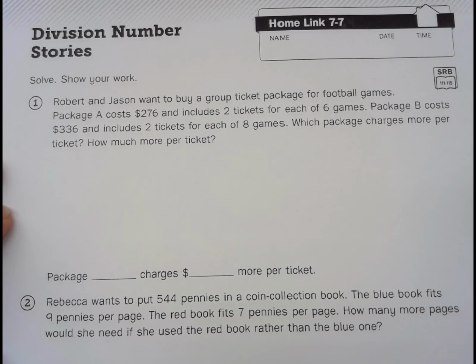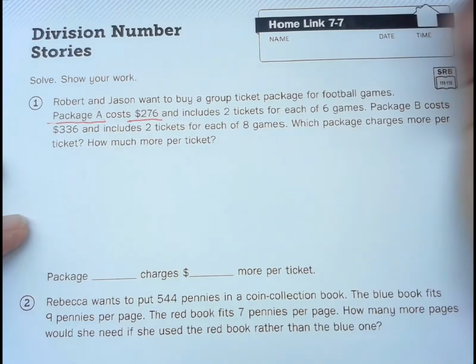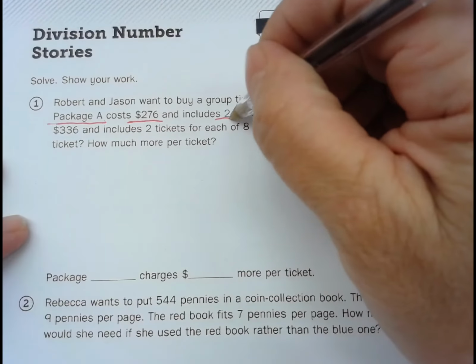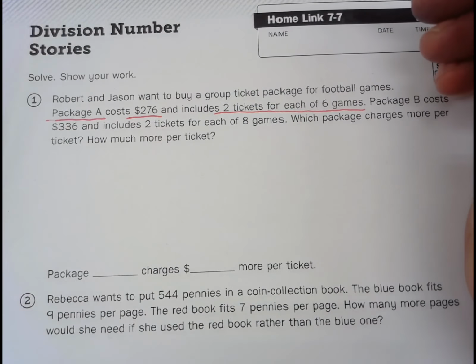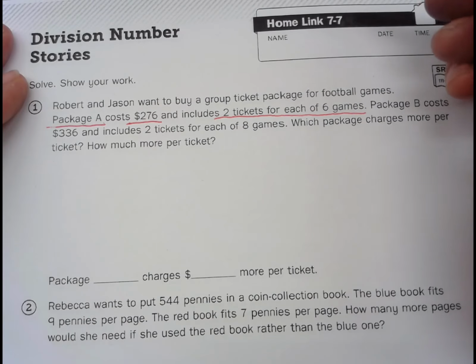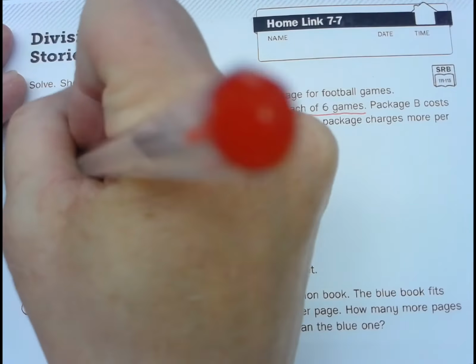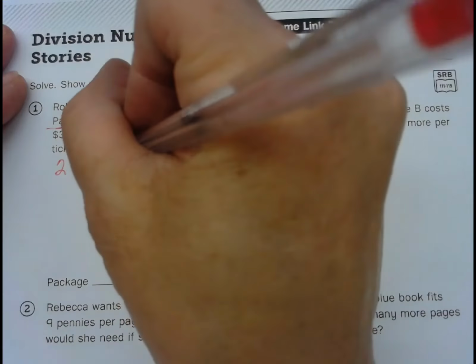Okay, so let's deal with package A first. So here's package A. It's $276 and it has 2 tickets for each of 6 games. So how many tickets is that all together? The first thing we're going to do is multiply 2 times 6, and that equals 12.